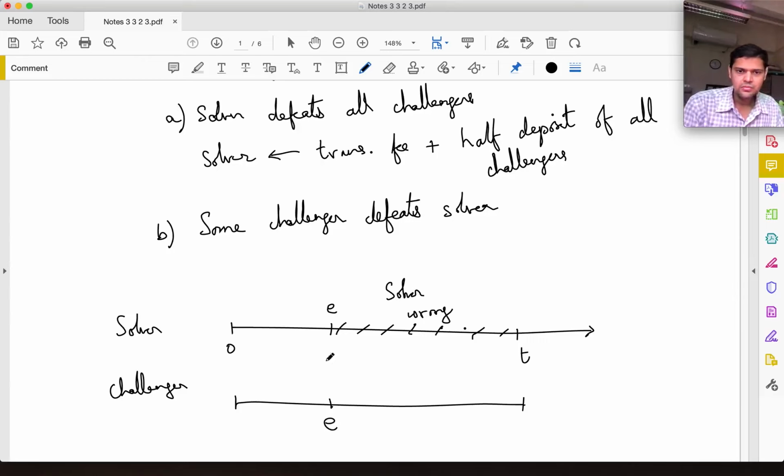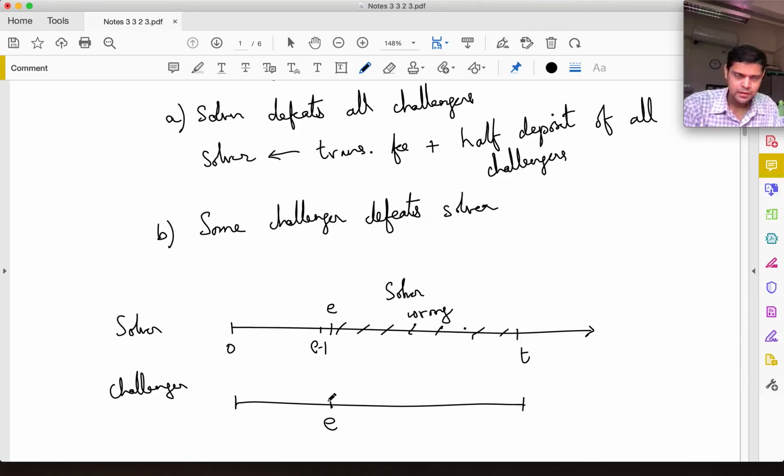So the challenger won the competition over here. We did a binary search, and then we found that this was where they first disagreed. And when we went from E-1 to E, we found that the solver was wrong, but the challenger was correct.